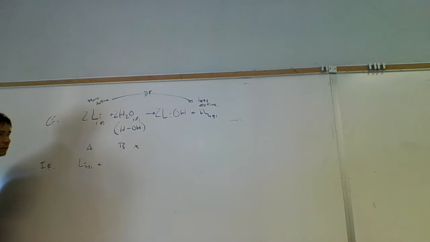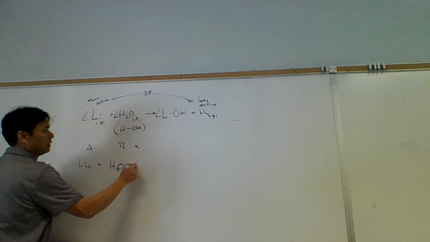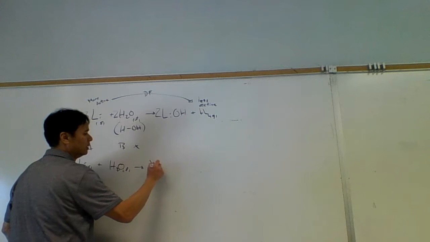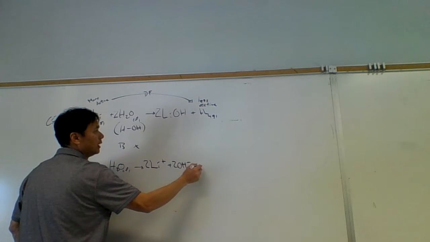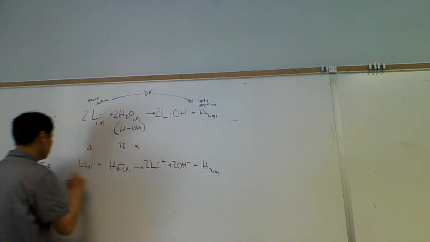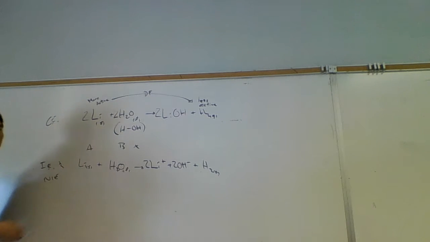Stays the same. Lithium hydroxide breaks apart into 2 Li plus 2 OH minus. H2 stays the same. And so this is the IE, and there are no spectators, so it's the IE and the NIE both.